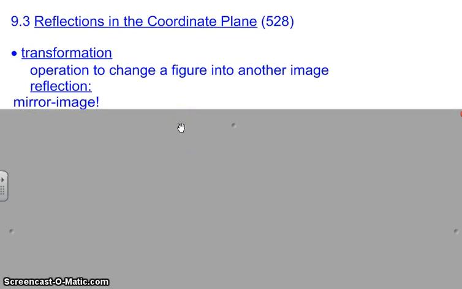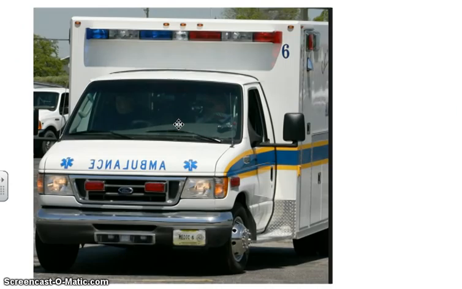So here's an example of reflection in use in the real world, which is kind of an interesting one. Have you ever seen this? Who has seen, oh, you're frozen, sorry. Who has seen this? Do you see what's going on here? What is interesting about the front of this vehicle here? Braden.